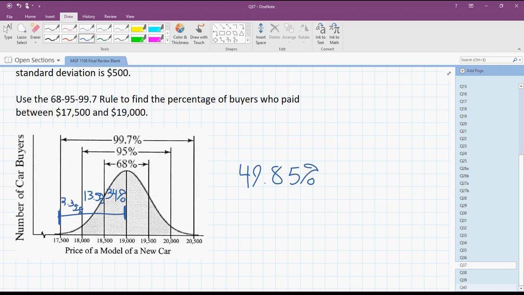You got to add those up. Or, again, like what we said, take half of that number because you're dealing with half of it. Divided by 2. And that'll give you the same number. Two ways to think about it.